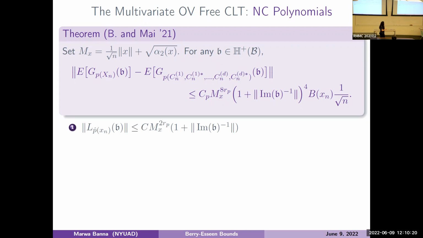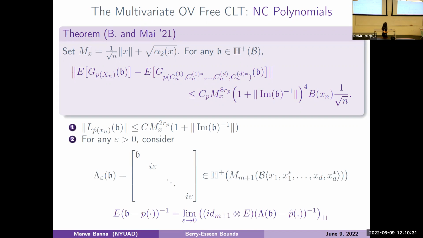Okay, so this is where this comes from. This comes when we are controlling the norm of this LP matrix. And now some of you might ask the question, why did you do that? Why didn't you consider delta epsilon of P, where you put i epsilon here, and now this is in the upper half plane, and this is an operator-valued Cauchy transform?